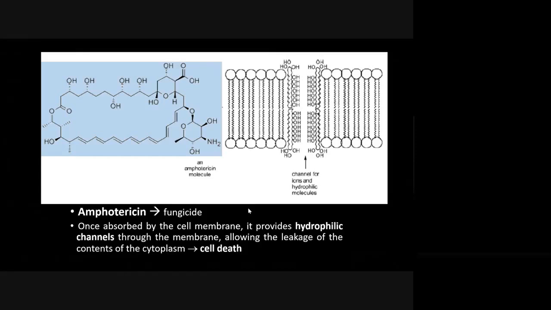And then the polar group is able to form hydrogen bonds with the aqueous environment. So it attaches itself into the cell membrane and forces open a channel. Your cell is now leaking through the channel that is formed by this drug.